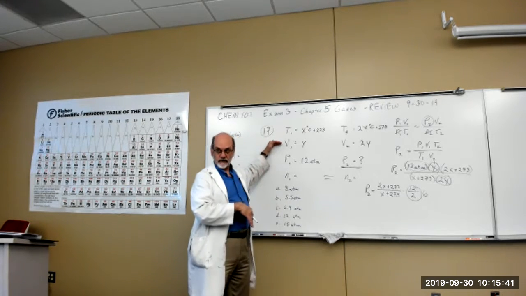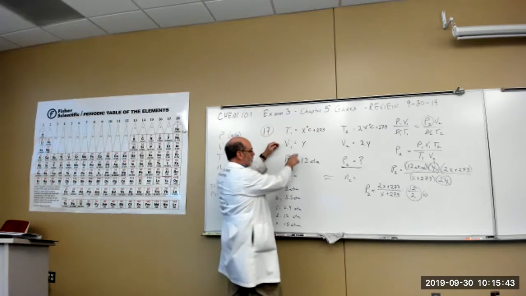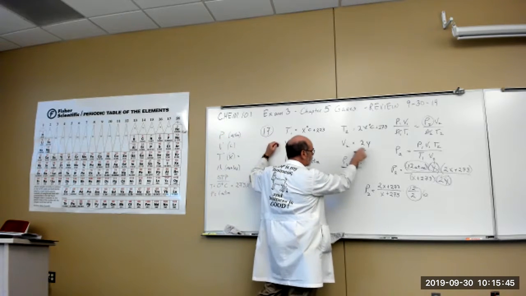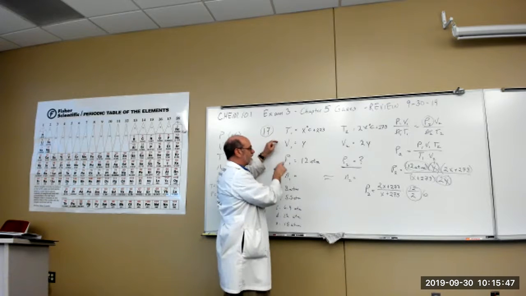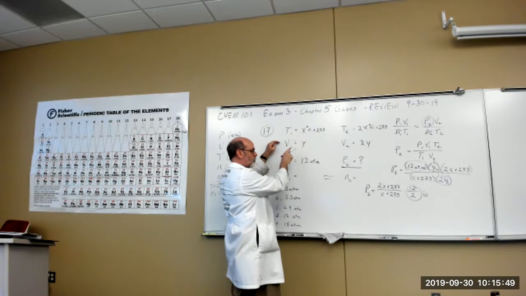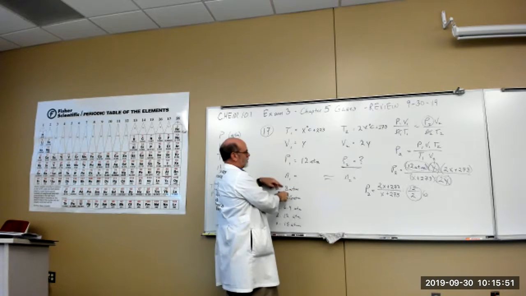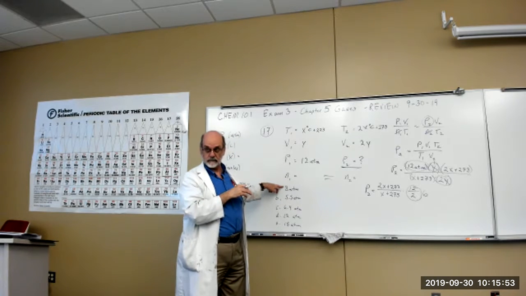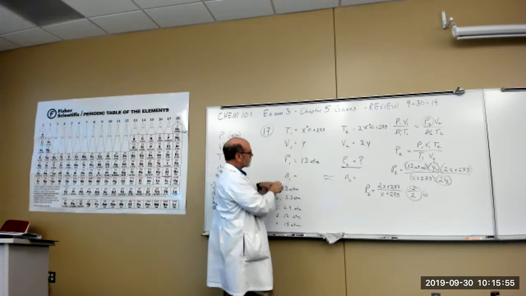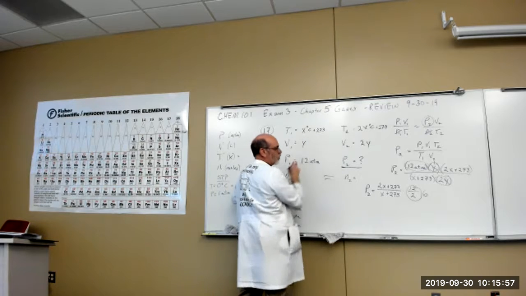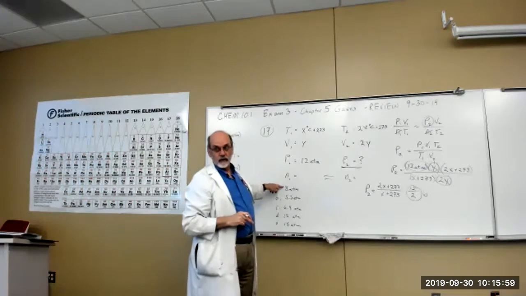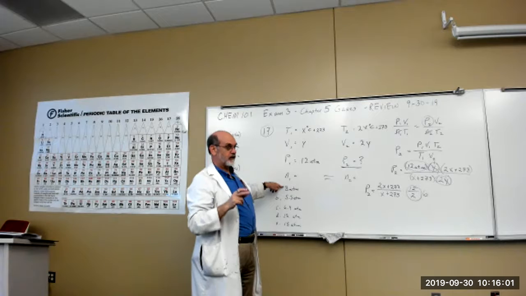That should decrease the pressure, right? So by doubling, the effect of doubling the volume would give you 3 atmospheres by itself, right? But for increasing the temperature, we did not double the temperature. We doubled the Celsius temperature. We didn't double the Kelvin temperature.